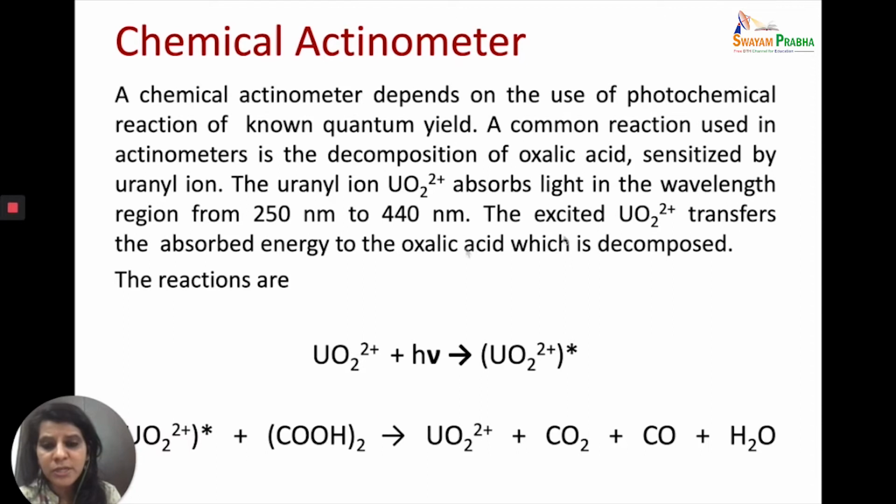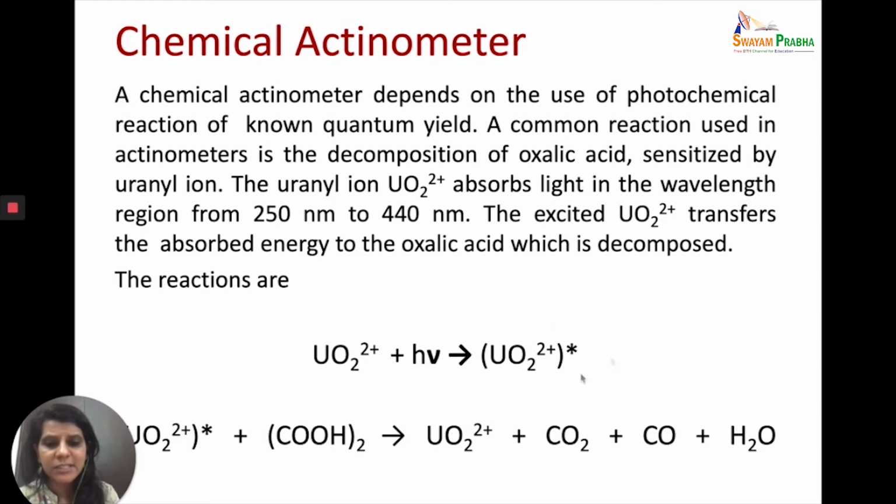This absorbs radiation in the wavelength region from 250 nanometer to 440 nanometer. The excited uranyl ion transfers this absorbed energy to the oxalic acid, which then gets decomposed. So uranyl ion will absorb energy in the region of 250 to 440 nanometer and will get excited.